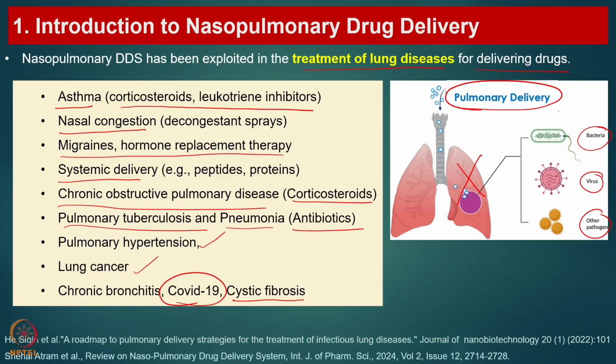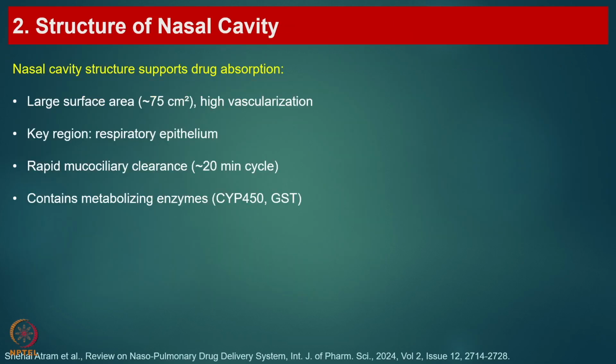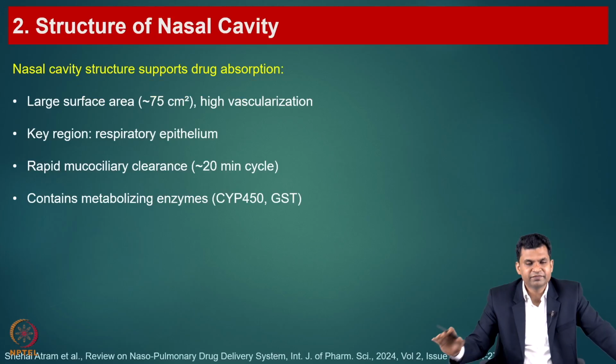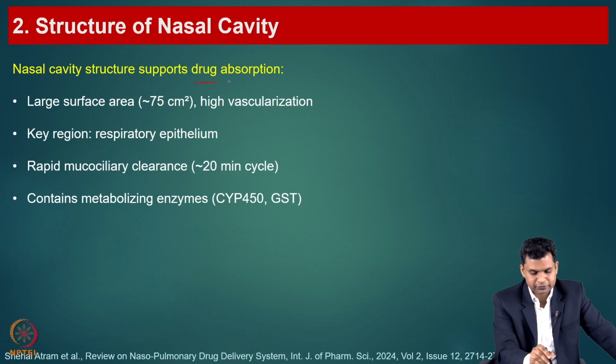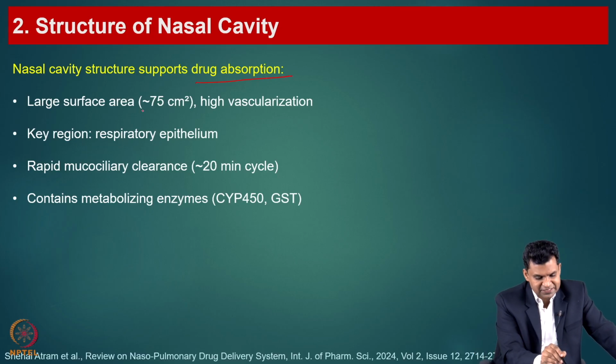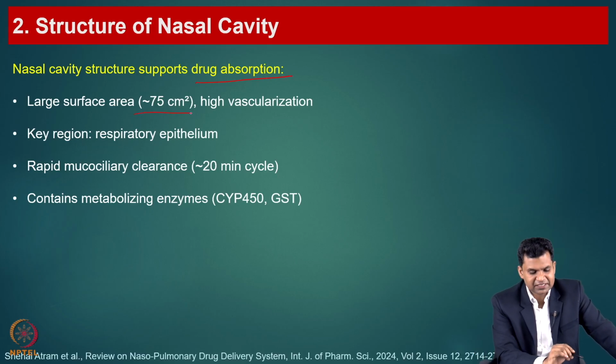By using some devices we can deliver the molecules into the lungs. Here we will see the structure of the nasal cavity, which helps with absorption. As we discussed in the introduction, it has a large surface area and high vascularization. That will help with the rapid onset of action.